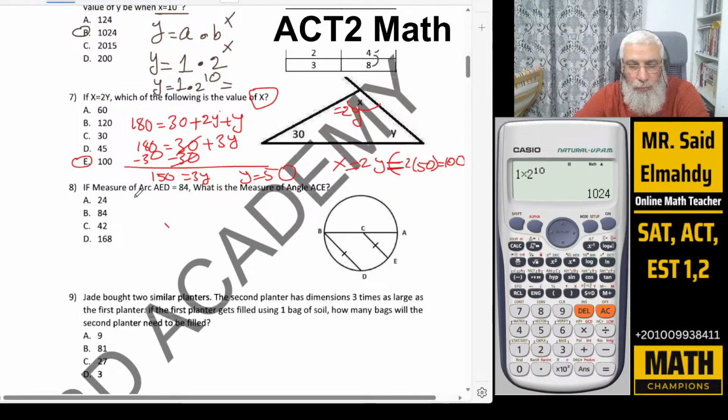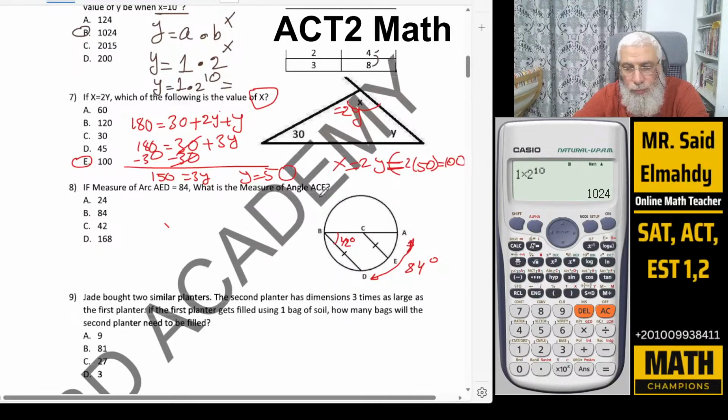If measure of arc AED is 84, so this is an inscribed angle. It is half of 84, which is 42.